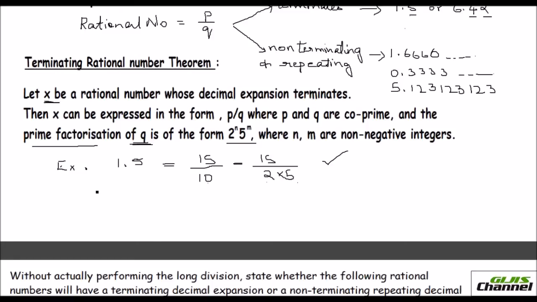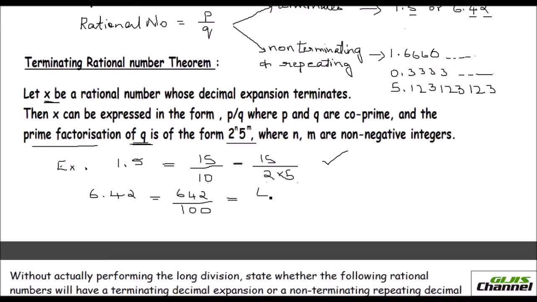Now you take another example I've given for a terminating number. It is a rational number, 6.42, right? And you know it ends at 42. So you can make it a fraction like 642 divided by 100, right? When I make it a fraction, the denominator becomes 100.